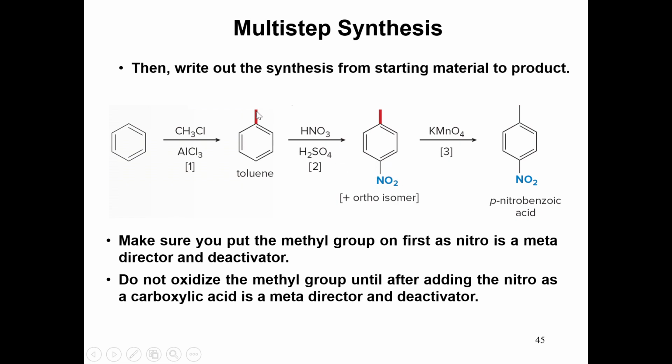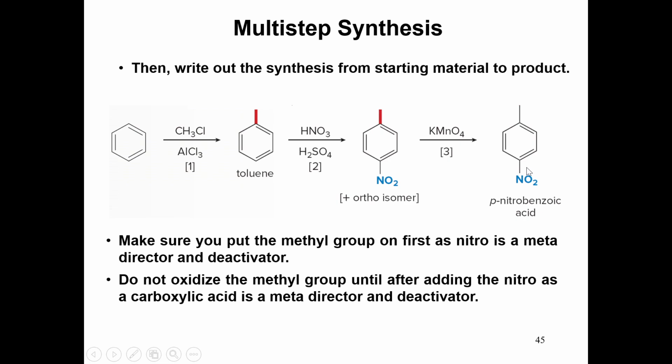Again, this methyl group is a weak electron donating group to the benzene ring, so it is an ortho and para director. When we do the nitration reaction, the nitro group is introduced either at the ortho position here or the para position here. So at least this is one of the products from this reaction.